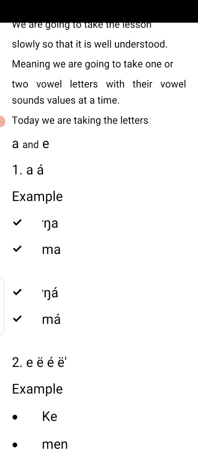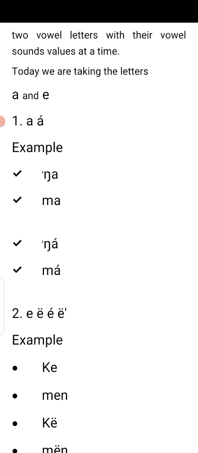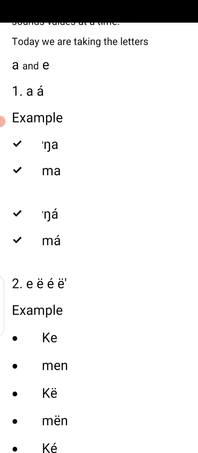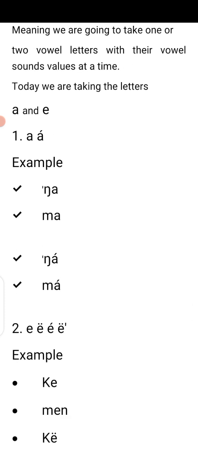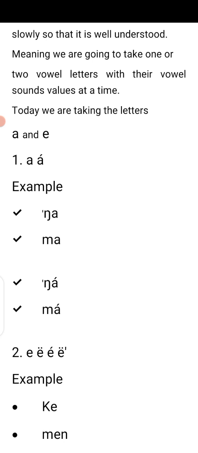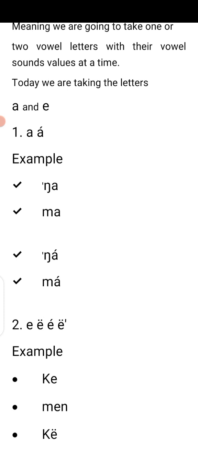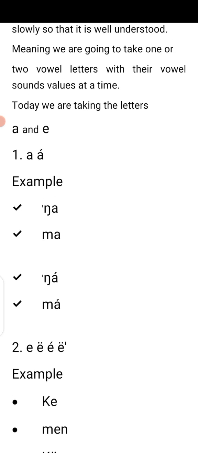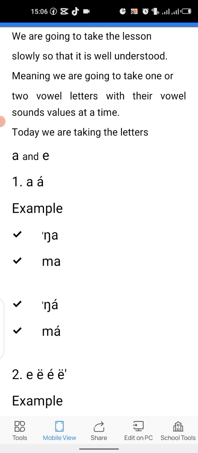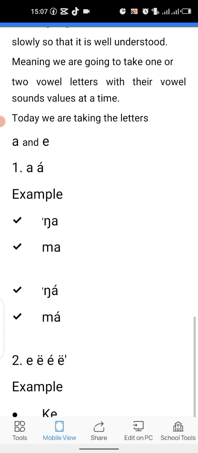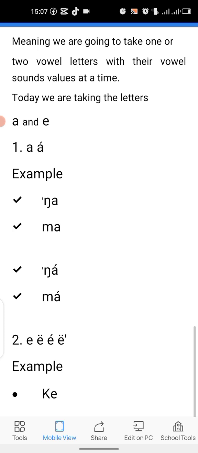So let us take some example words. Some example of words using the sounds. The first one here is nga. The second one is ma. So these two words are written using the sound of a.